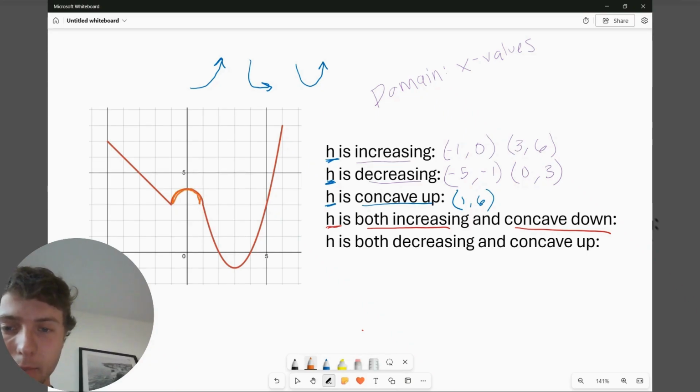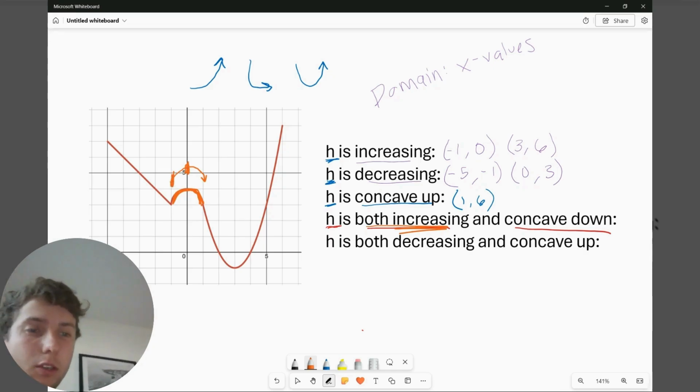Okay, so we're looking at that middle section that is concave down right there. We also need it to be increasing though. Well, notice as your graph goes up, it then starts to go back down, right? So we only want the part that it was increasing on, meaning we want the part that was bound between those 2 values. I believe that would be -1 to 0.